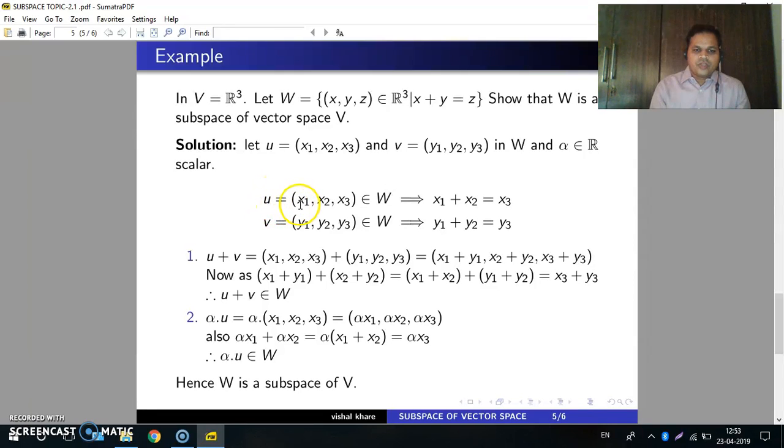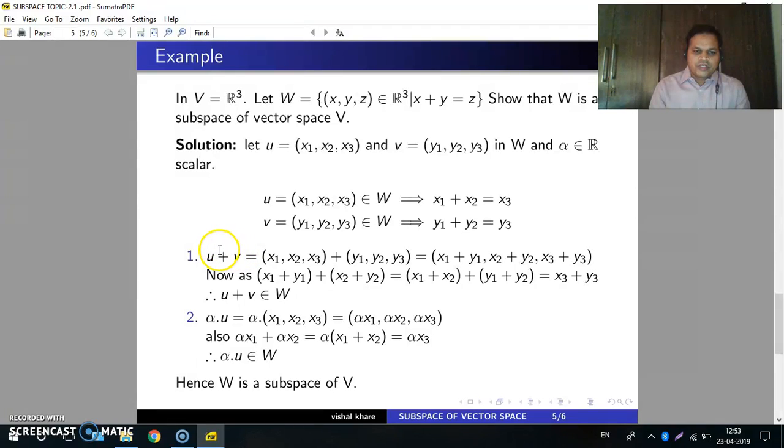Since u belongs to W, by the definition of W, x1 plus x2 is equal to x3. Similarly, v belongs to W, which implies y1 plus y2 is equal to y3.